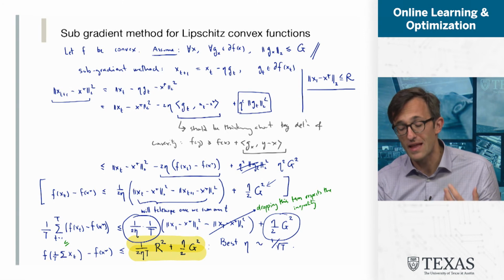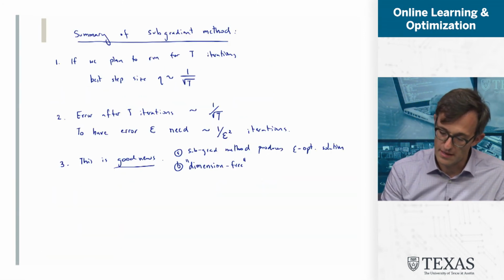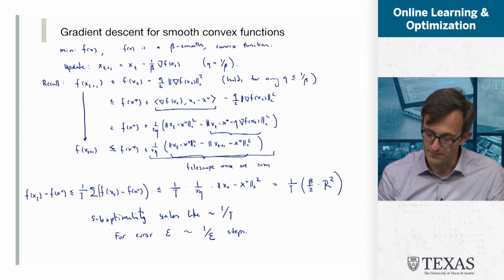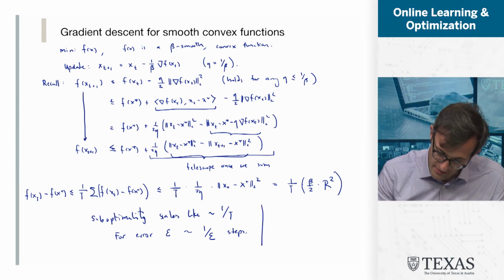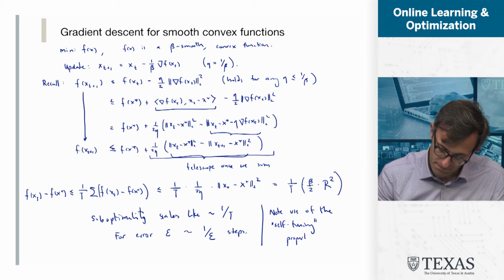It comes from this lack of self-tuning. So there's no self-tuning property. That is the key. So let me just note this again. Note the use of what we've called the self-tuning property of smooth functions.